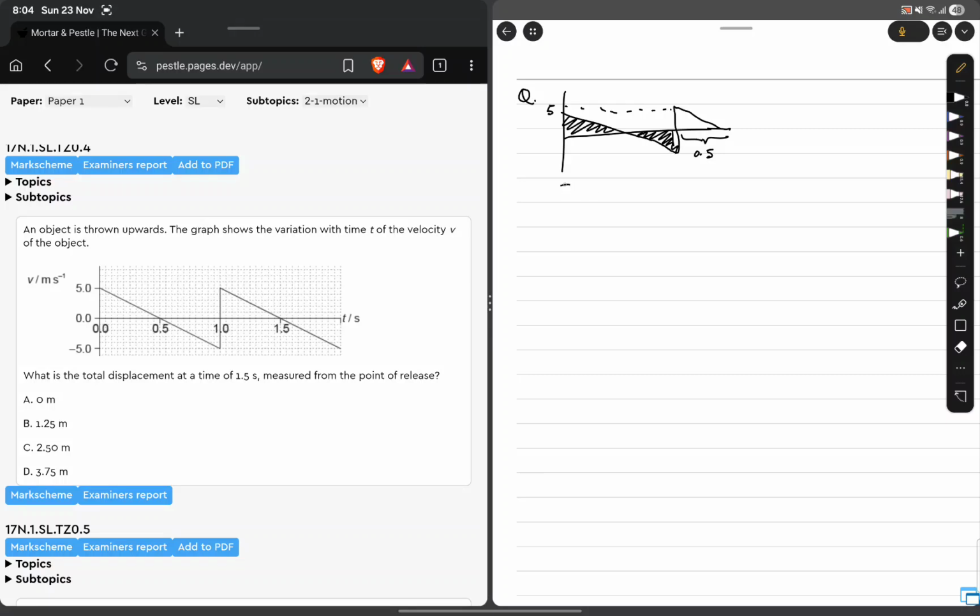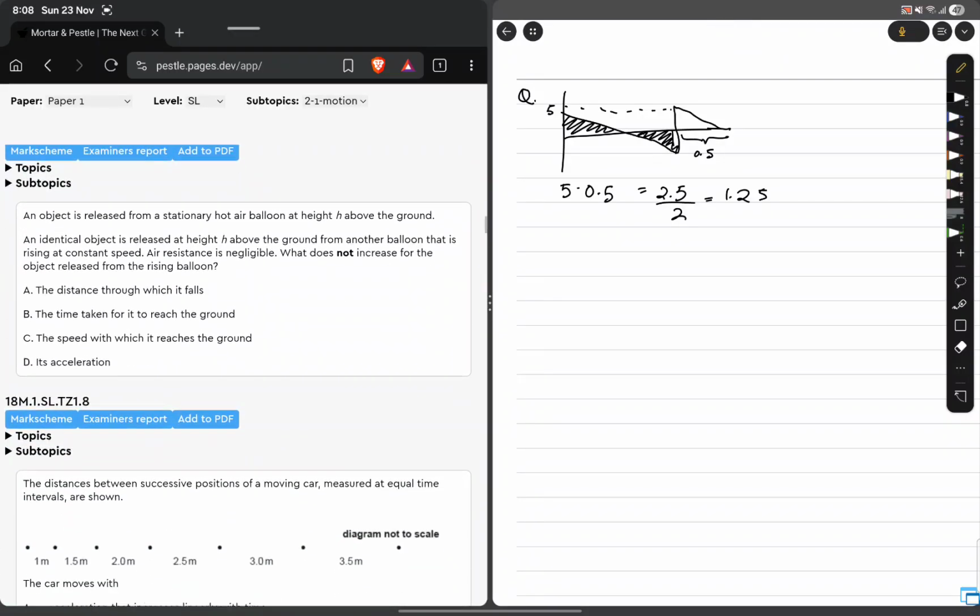Well, we're going to multiply 5 by 0.5. This is 2.5. So that's the area of the rectangle. And then we're going to half it again, because the formula of a triangle is half base times height. And this is base times height. So, well, really it's height times base. And then it's going to be 1.25, which is B.